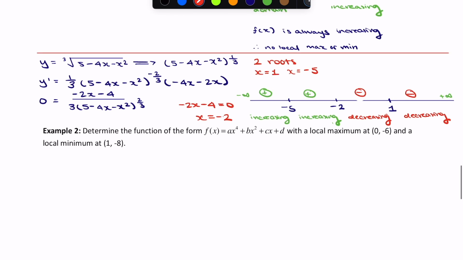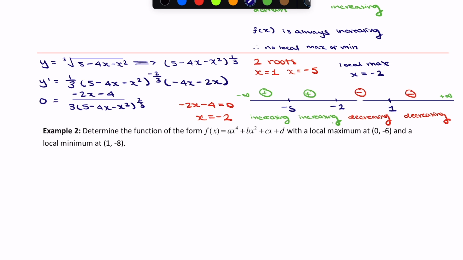Okay, so here, what we'll see is that there is only a local maximum at x = -2. And then what we can do here is sub that back into the original equation.